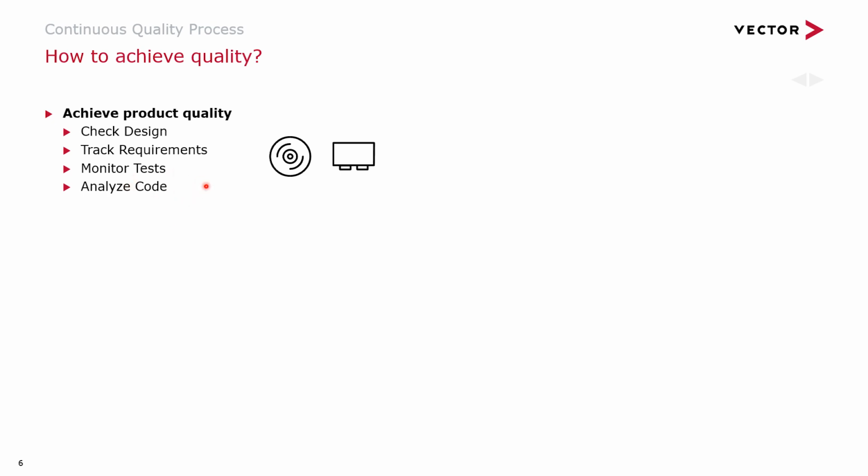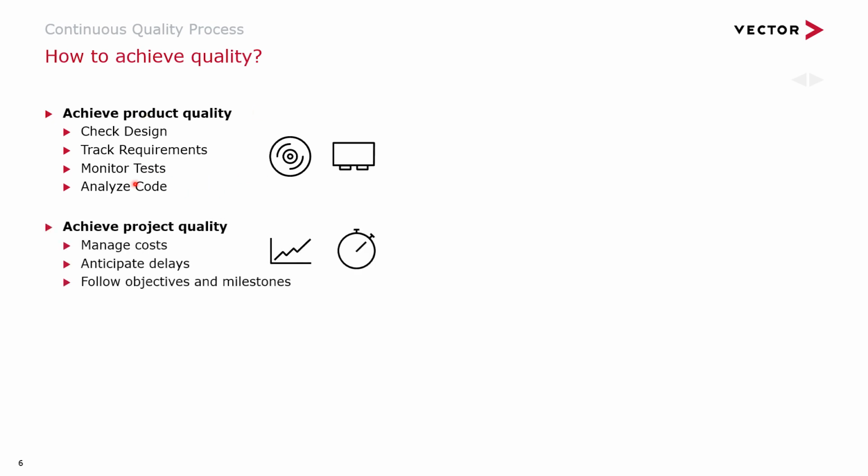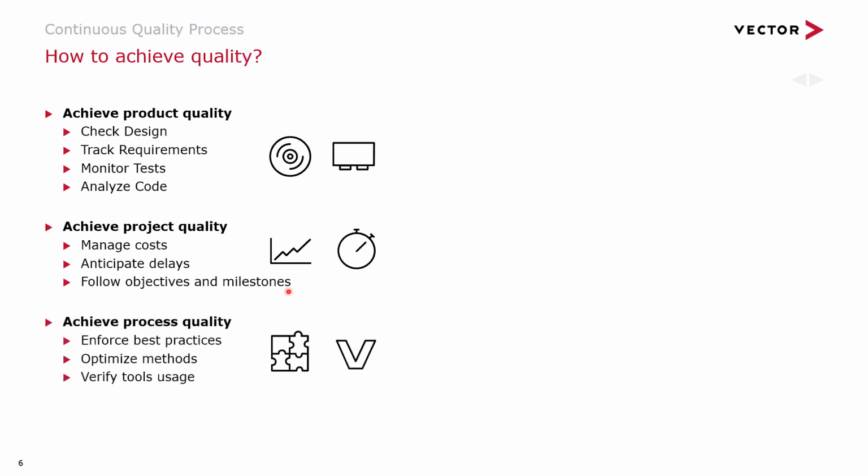There are many source code checkers out there, so that's what you're going to look for. In terms of project quality, we are more focused on time and cost. So is my project going to reach the objectives in time? Are the milestones going to be passed healthily? So this is this kind of concerns.